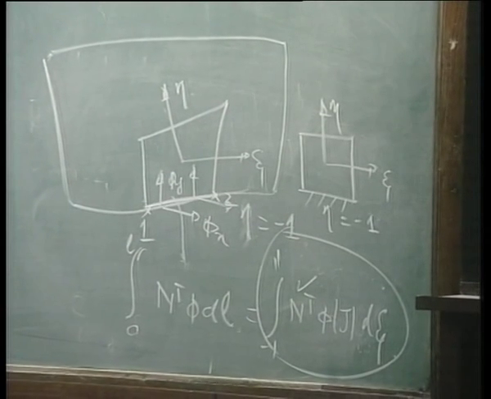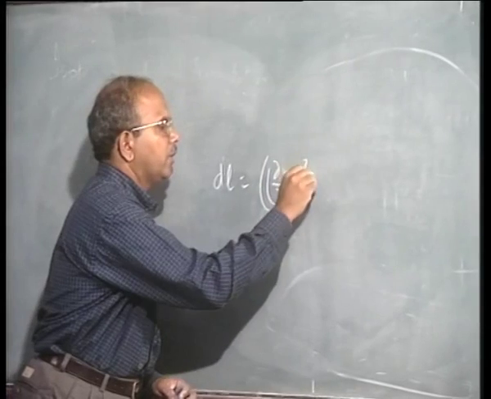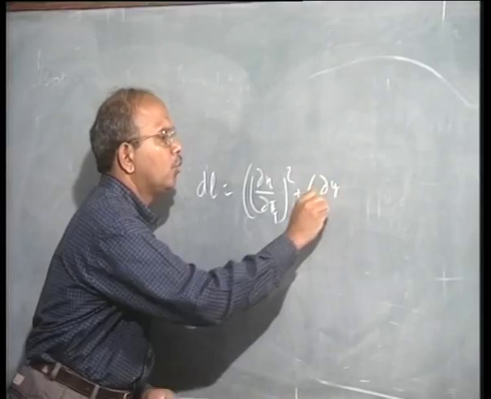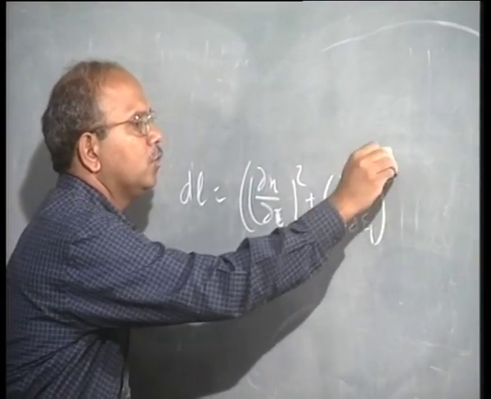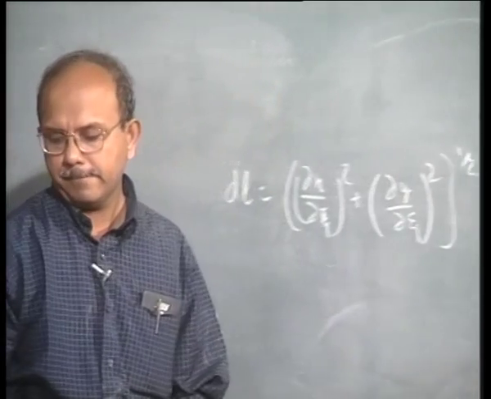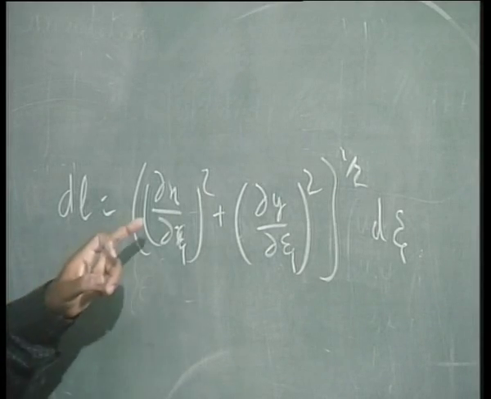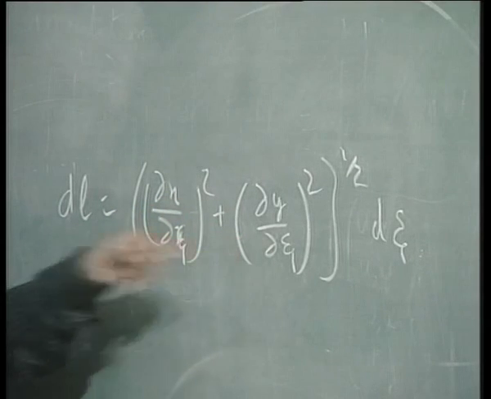Now, we can write down dl in terms of dx by d psi whole squared, that is, (∂x/∂psi) whole squared plus (∂y/∂psi) whole squared, whole power of half, d psi. Now, how do I get ∂x/∂psi and ∂y/∂psi?